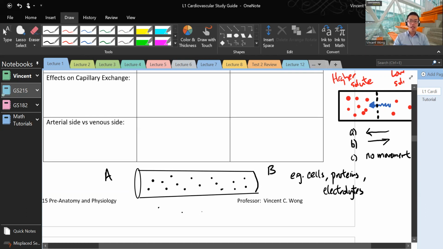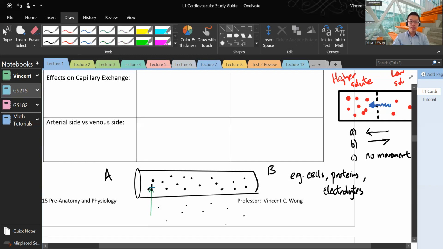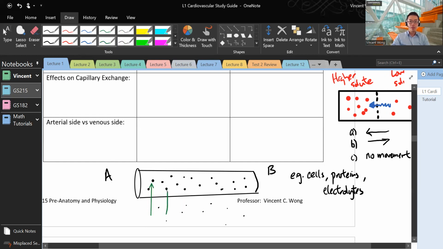And then on the outside, you would have some as well, but it's a lot higher on the inside than outside. And so osmotic pressure will cause fluid to move into your blood vessel. Why is the arrow not working? There we go. Moving in like that.